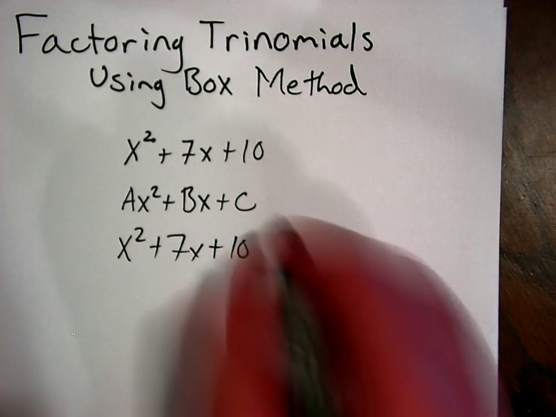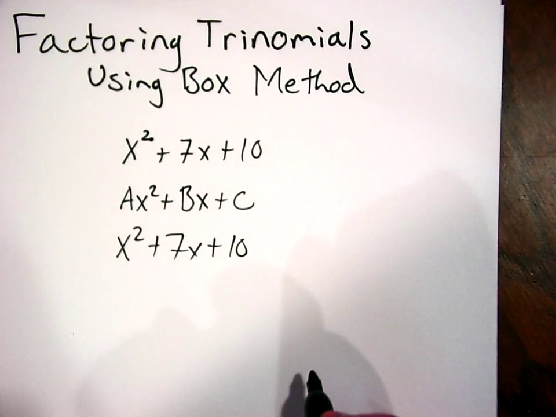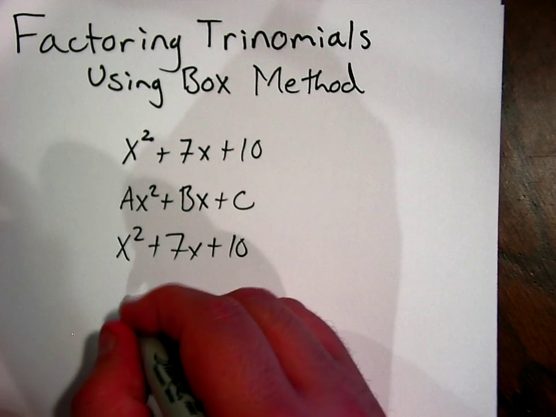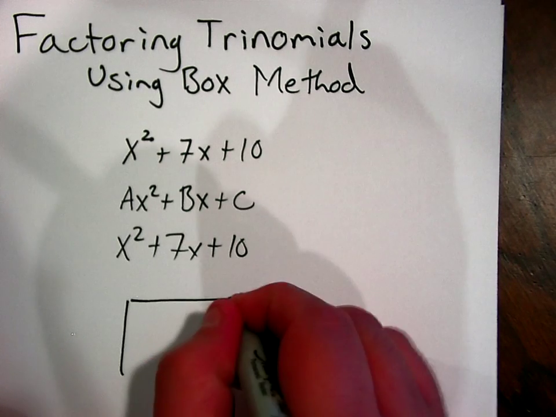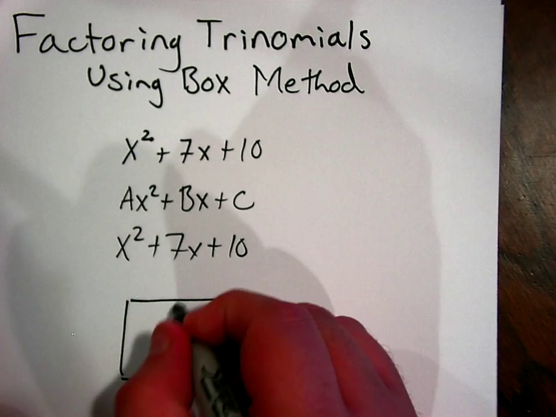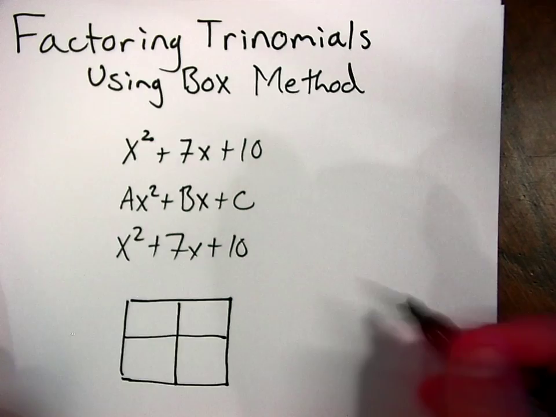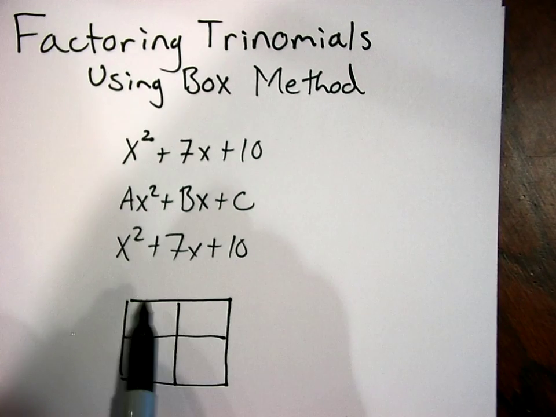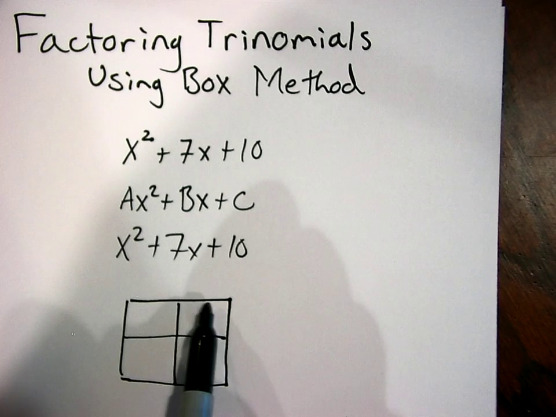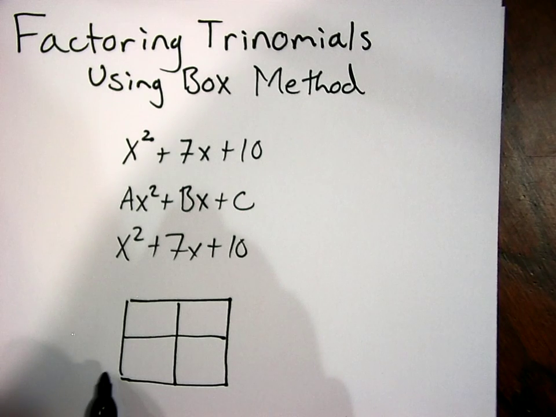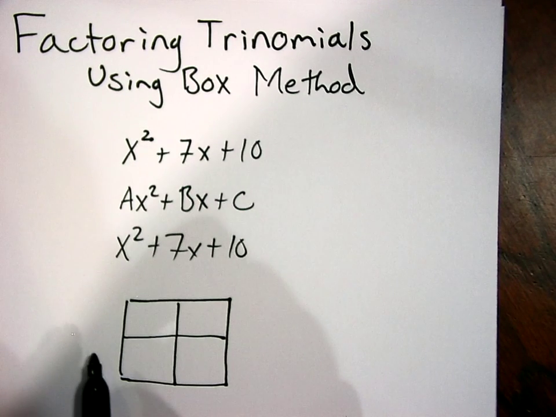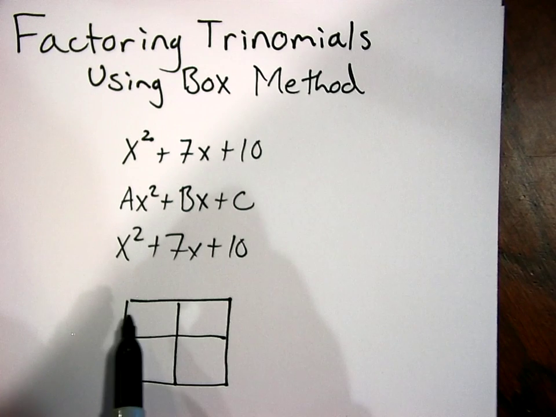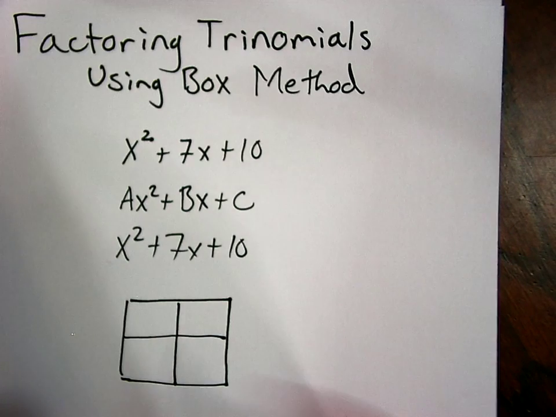Now, in order to use the box method, we're going to go ahead and draw the box. Again, trinomials are usually the result of two binomials being multiplied. So when we're factoring it, we're going to make a box that is 2 wide and 2 high. And we know that this first term is always the result of the top left box.